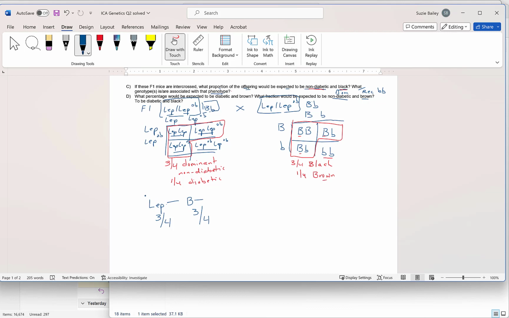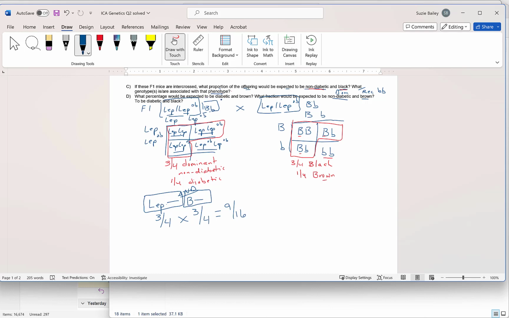And because we want this genotype, at least one dominant allele at the leptin gene, and this genotype, at least one dominant allele at the coat color gene, in the same animal, we want these two things together. This is an and. We're going to multiply the individual probabilities, and we would come up with 9/16, which is exactly what we got from that giant, ugly Punnett square, right?